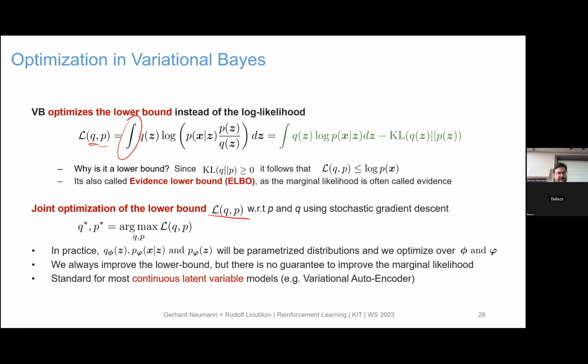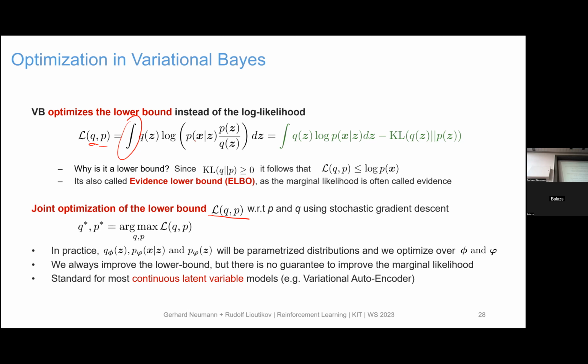And that makes a lot of things easier, because if you have a loss function that is just an expectation, we know we can optimize this loss function using stochastic gradient descent, no problem. But if you have a loss function that is some nonlinear function of an expectation, this is not possible with stochastic gradient descent anymore.